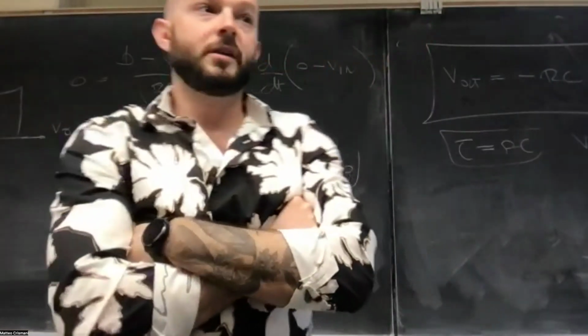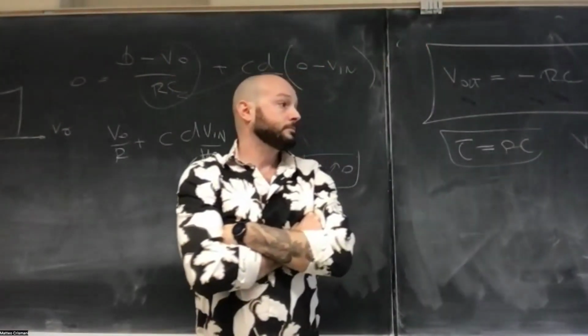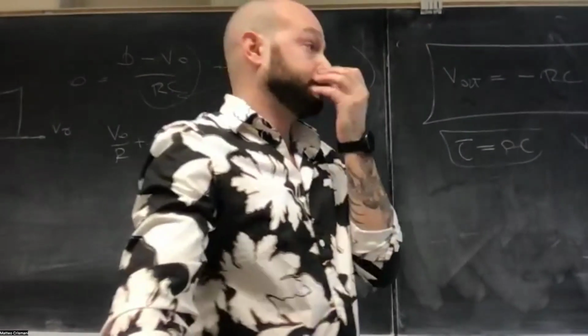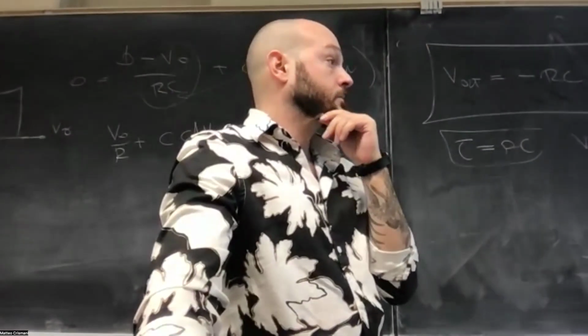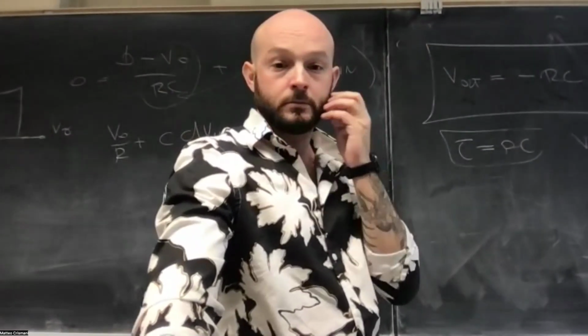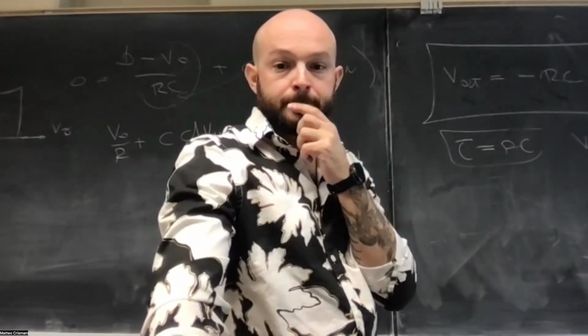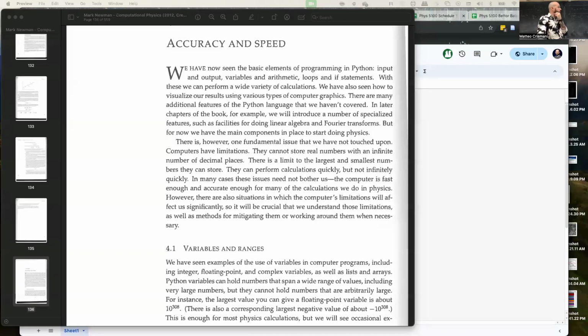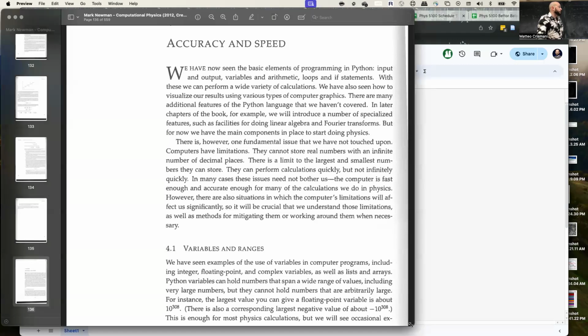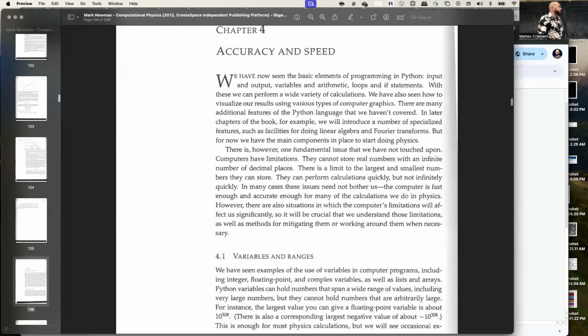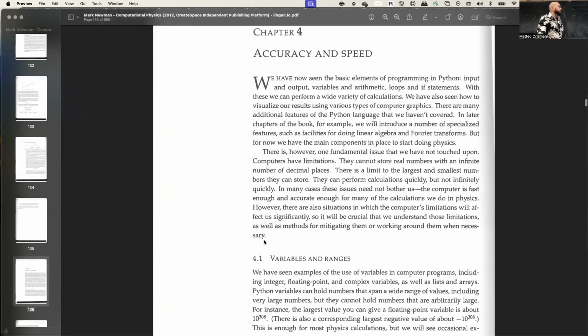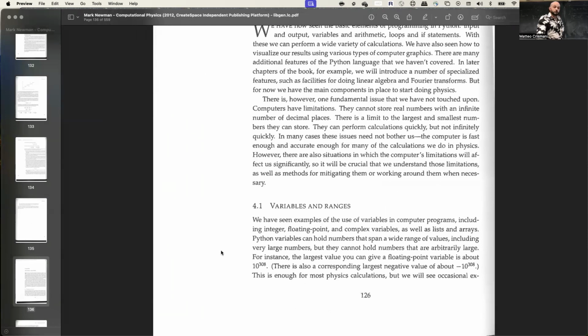So to get started, what have we learned so far? Some of the basics that we learned in Python are the input, output, variables and arithmetic, loops and if statements. And we did a lot of calculations with those, but have we ever encountered a limitation when we were using those? I did not, but computers, or the program Python, do have limitations.